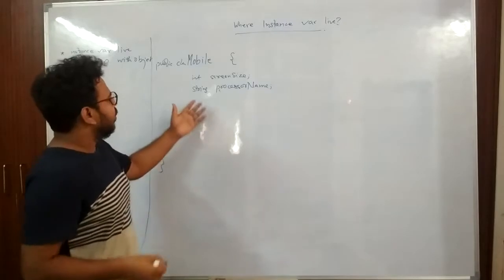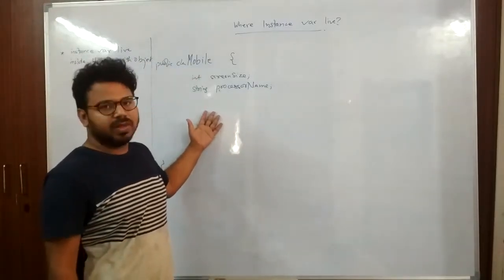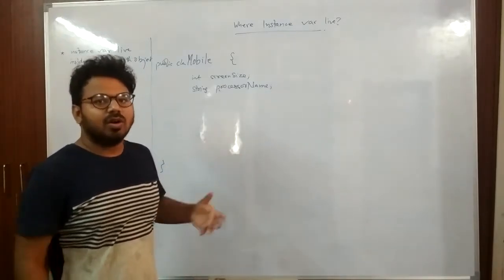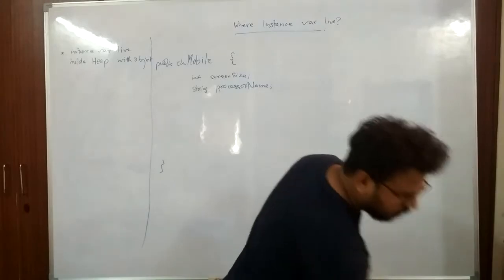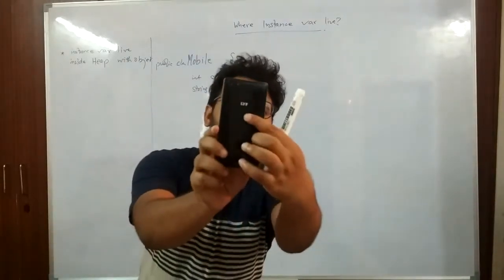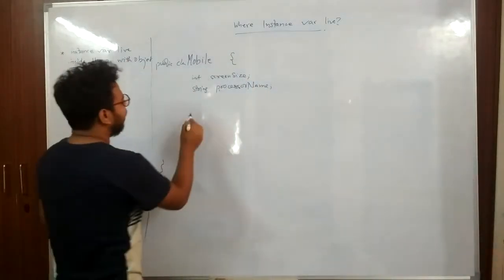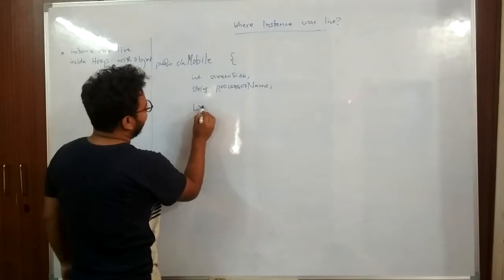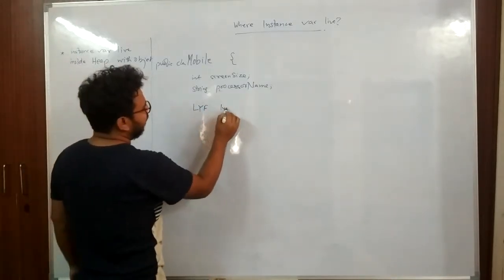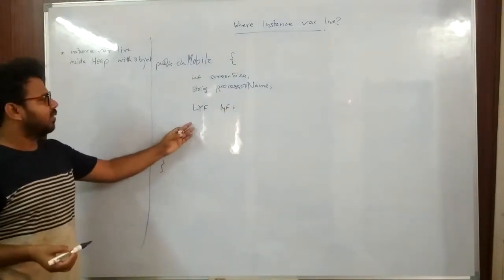Now suppose we have a reference type. Here we have an instance variable which is a reference variable which points to some other object. Just like in our Mobile class, suppose the brand of this mobile is Life. So here we have a reference LYF, simply like this.